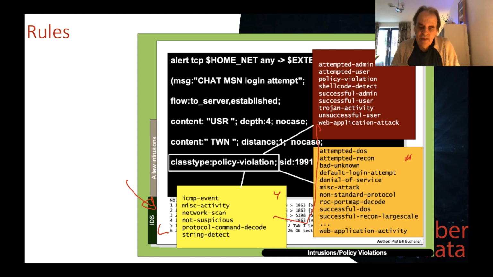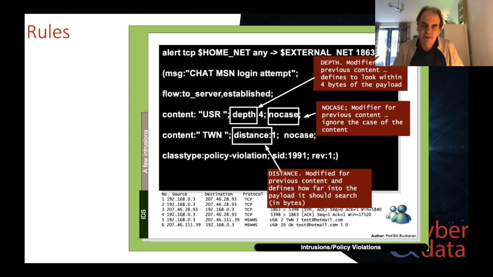Attempted admin, policy violation, Trojan activity and so on are seen as high alerts, and things like ICMP activity might be just a ping to see if a machine is online or not. A network scan might not be that malicious. Okay, so we will define these, and this will allow us to classify the alerts.